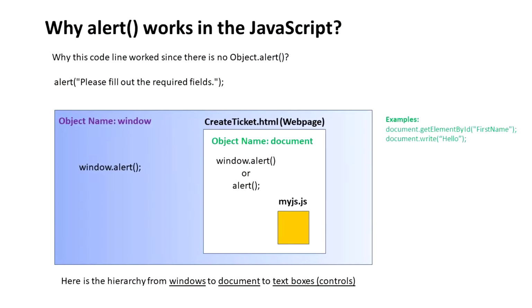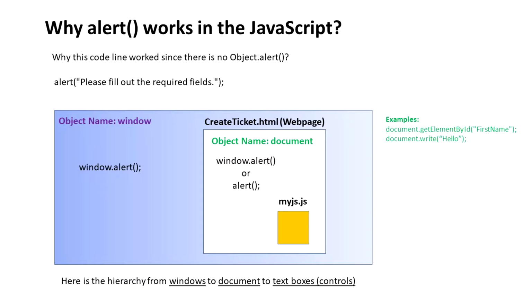So why does the alert action or method work in JavaScript without declaring an object in front of the dot, like some object dot alert? We don't need that format, because the entire body of JavaScript is inside the big object called the window.